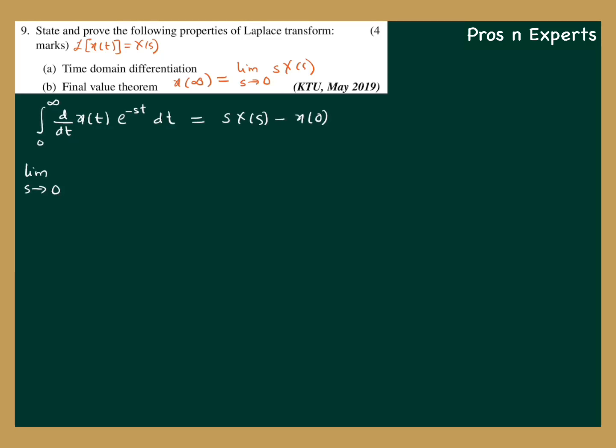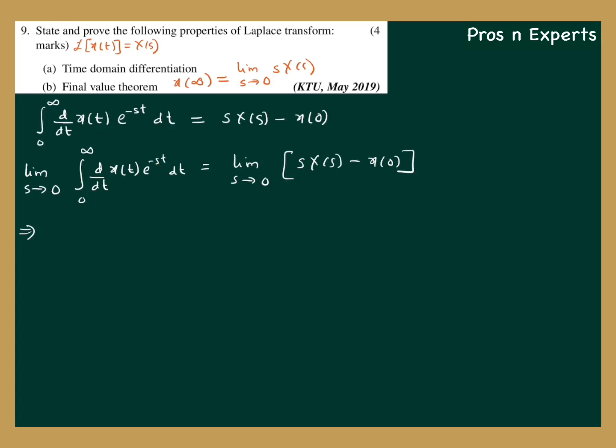So limit s tends to 0, integral 0 to infinity d by dt x of t e raised to minus st dt will be equal to limit s tends to 0 of s into X of s minus x of 0. Now what happens to the LHS if you put limit s tends to 0 in the LHS? There is only a single factor that contains s, and if you put s equal to 0 here, it is e raised to 0, that means that becomes 1.